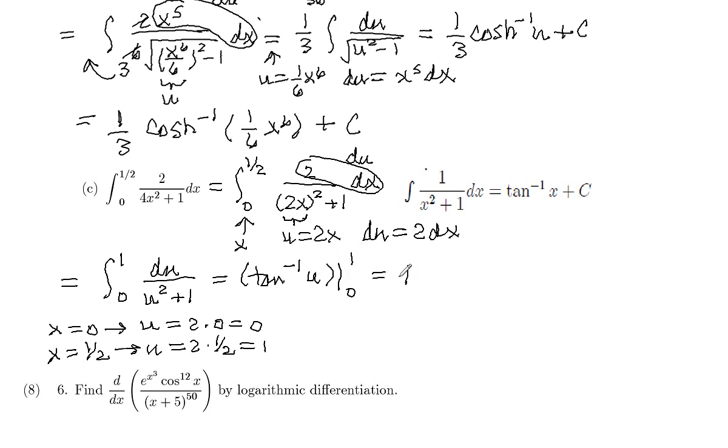So this is going to be inverse tan, plug in 1, minus inverse tan, and plug in 0. So this is the angle whose tangent is 1, and it's got to be between negative pi over 2 and pi over 2. That's the domain of inverse tan. And that angle is pi over 4.